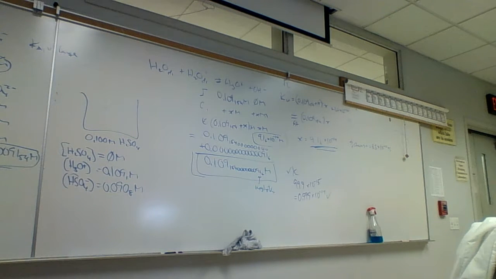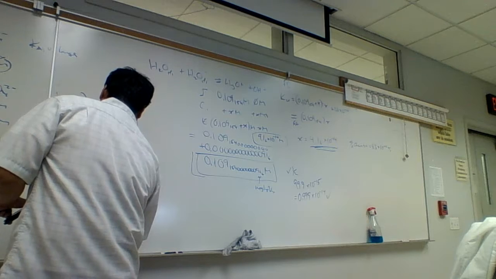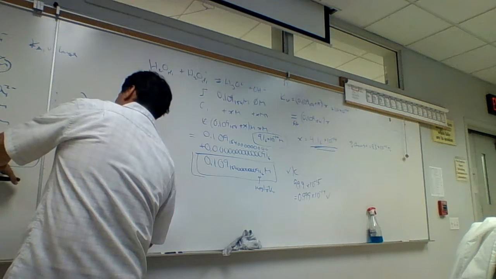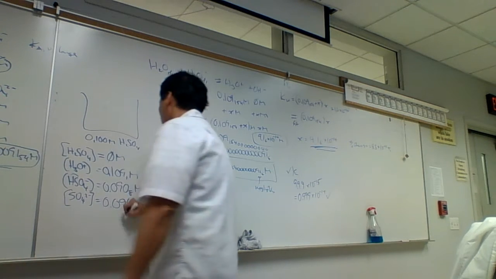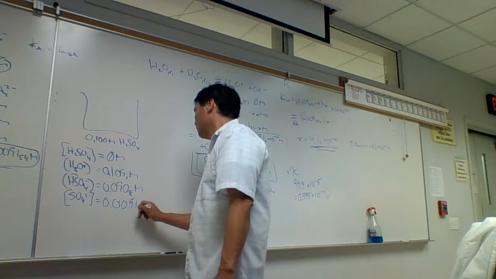That's this. So we have this. We have this. This gets carried down. These two got carried down. This stays. So this is not going to be in order. We're going to have sulfate at 0.0091915 molar.